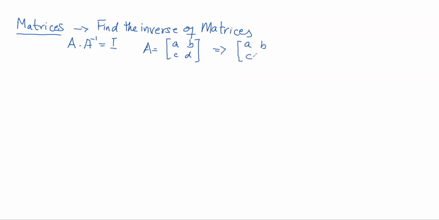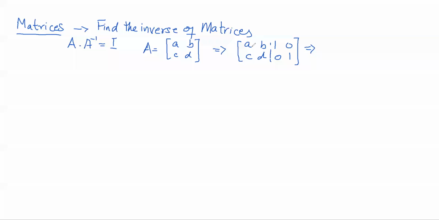For finding the inverse, we write the unit matrix alongside the given matrix. Since A, B, C, D is a 2 by 2 matrix, we write a 2 by 2 unit matrix with it. Now we will apply row operations on this augmented matrix.